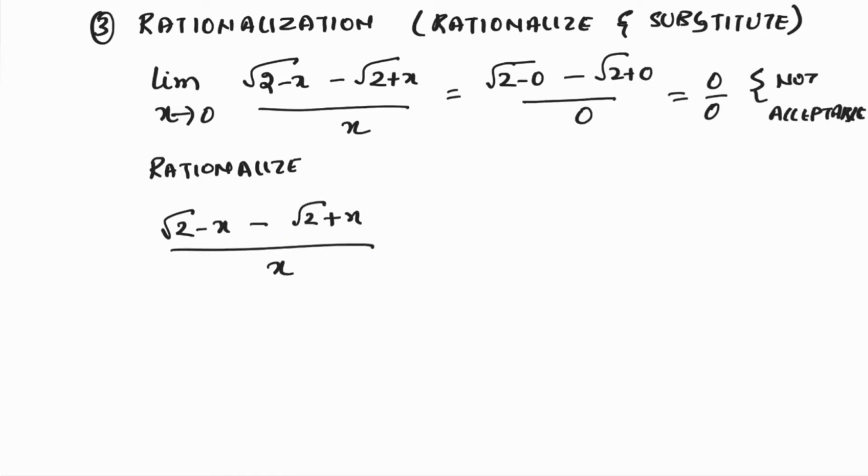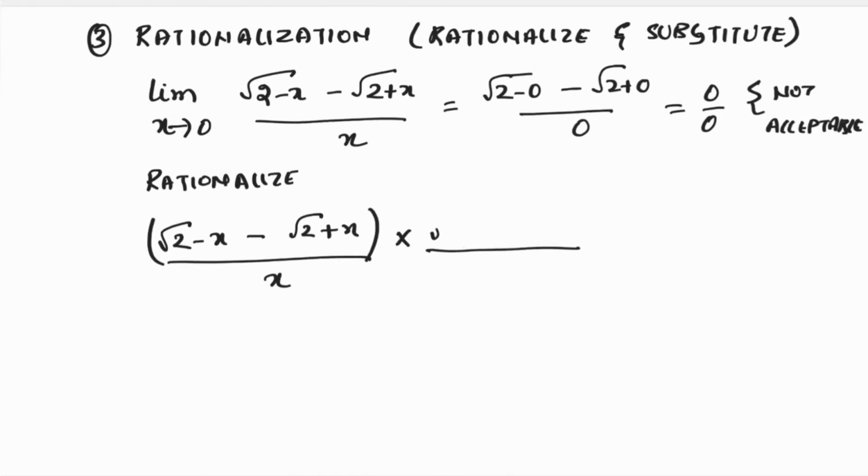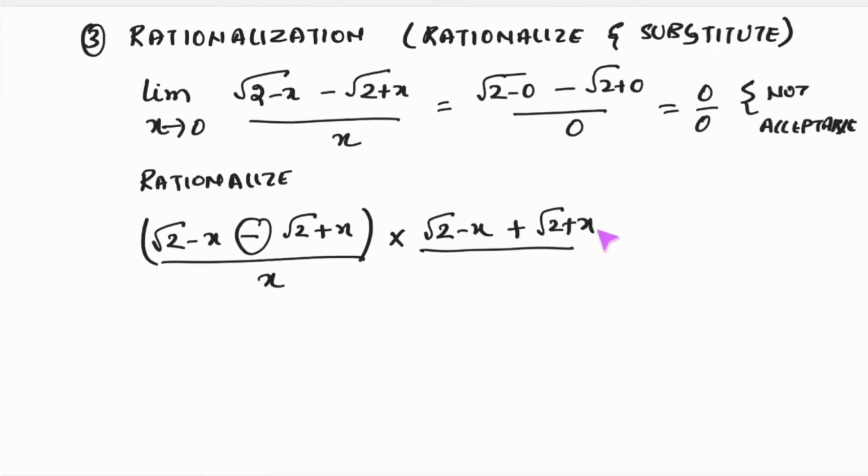I'll take this expression and multiply and divide by the same thing, but I will change this minus sign to a plus sign. So what I have done is multiplied the numerator and denominator by the same expression, but with a plus sign in between.